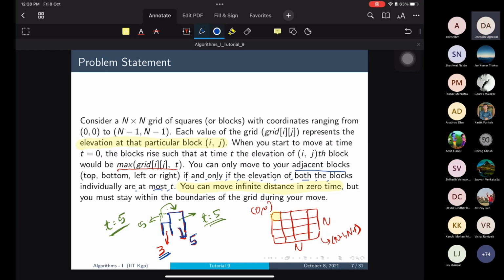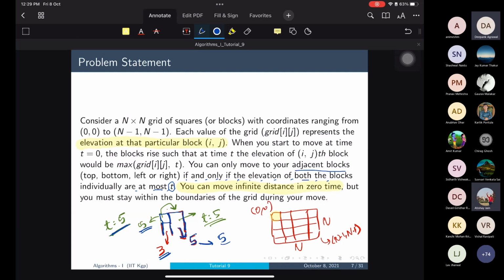That means when the time is t, the elevation of the blocks will be the maximum of grid[i][j] and t, right? Yes, sir. So when t equals 5, the elevation of this block will be 5, and the elevation of this block will still be 5 because max of 5 comma 5 is 5.